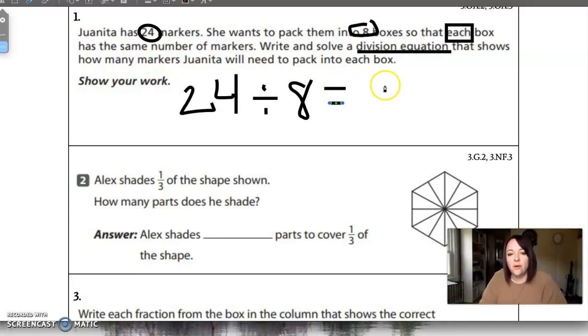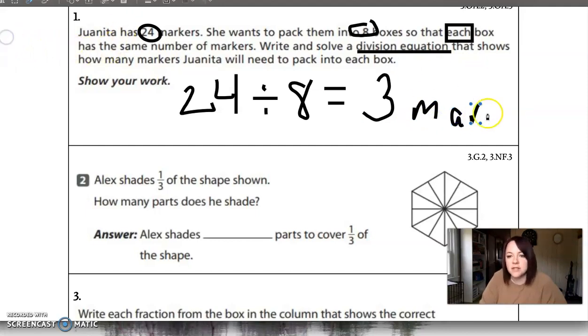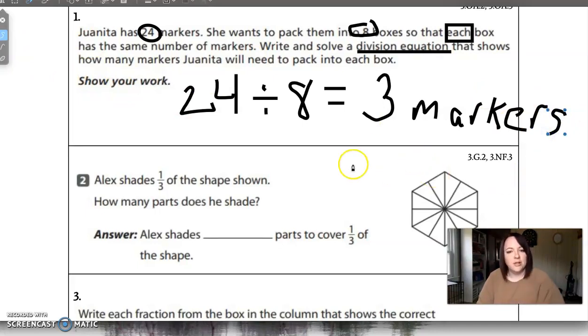So we know that 24 divided by 8 is 3 markers. I'm going to try to spell this out with this mouse. Okay, so we have 3 markers.